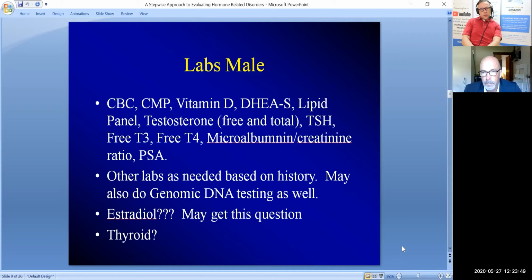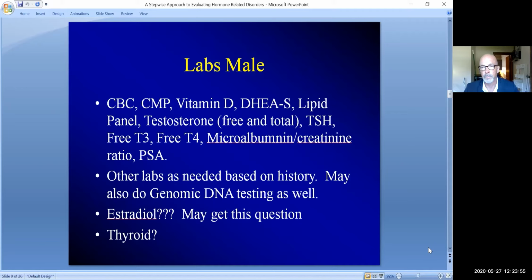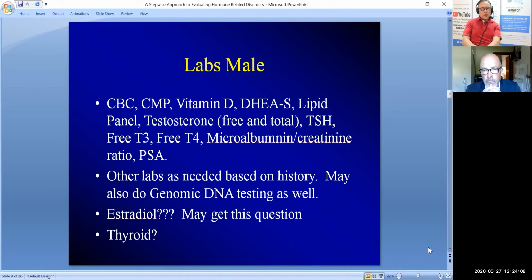So for your listeners and viewers out there, what that means is if you have a 40-year-old or less male come in and they talk to you about what they want you to prescribe, like they want you to prescribe testosterone injections, and then they want you to prescribe an aromatase inhibitor with it, or an estrogen blocker, they'll call it.